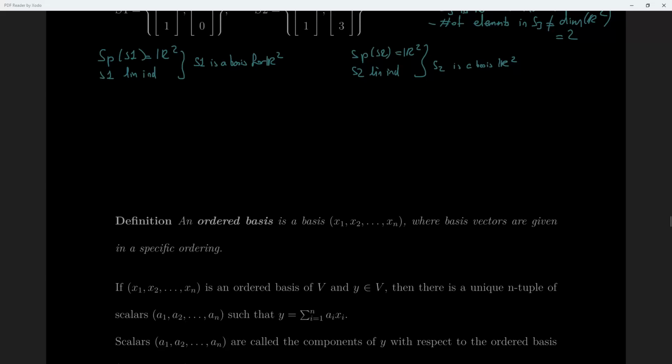For example, here we will talk about first a basis set, and then we will talk about an ordered basis such that the vectors in the basis set are given a specific order. And if the basis vectors are given a specific order, then I will be able to talk about the coordinates of these points. So coordinates of a given vector in terms of a given basis set.